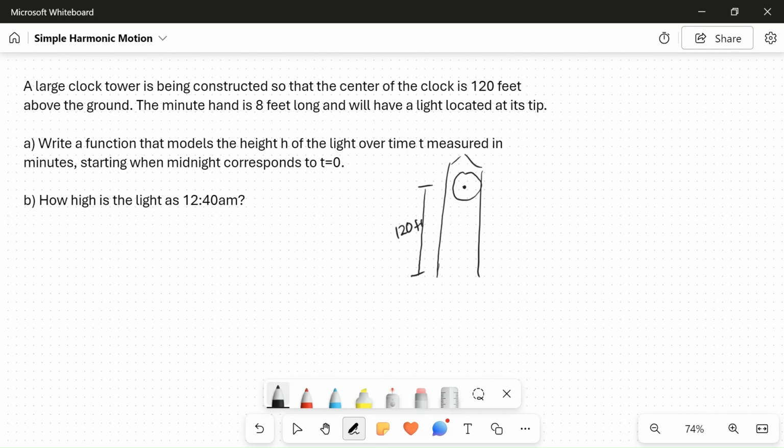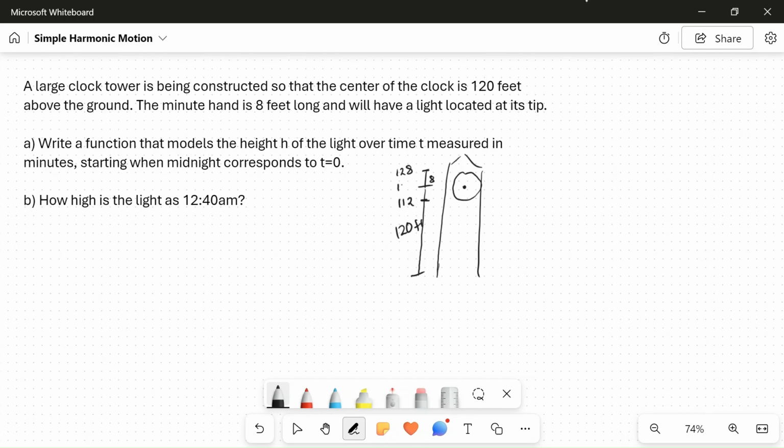Okay. And we know that the minute hand is 8 feet long. So if the minute hand was pointing straight up, the tip of the minute hand, where that light's going to be, is going to be 128 feet, because I know it's 8 feet long. And if the minute hand was pointing straight down, it's going to be 8 feet lower. So that would be at 112 feet, right?